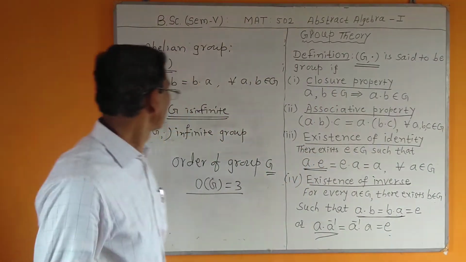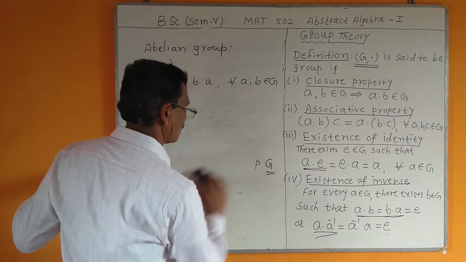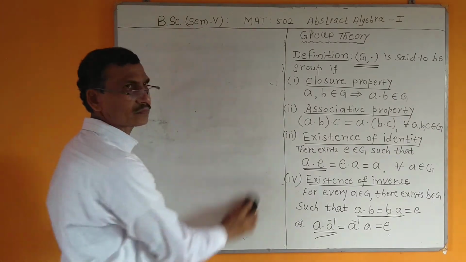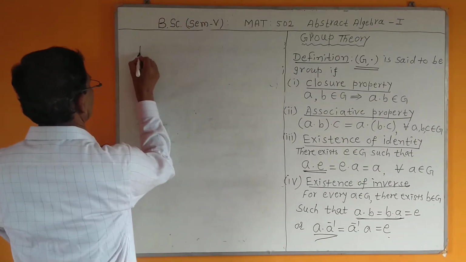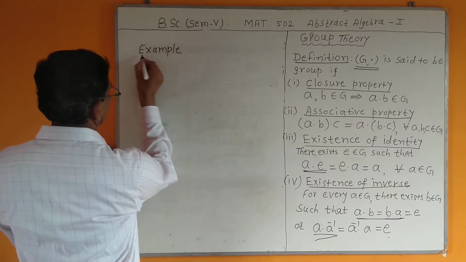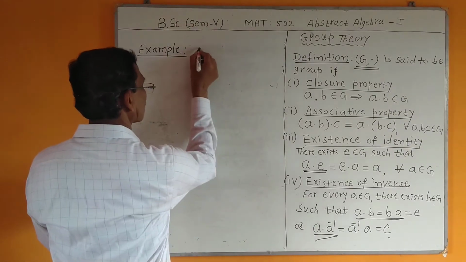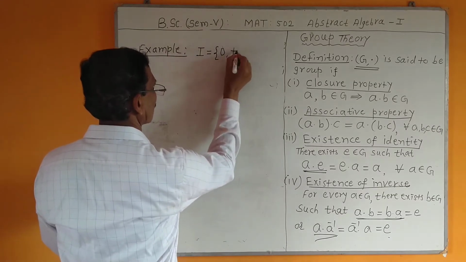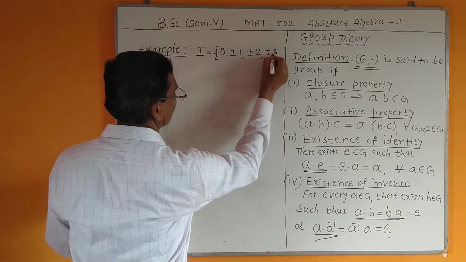Now we shall see examples of group. Example: consider the set of integers, Z, which is equal to 0, plus or minus 1, plus or minus 2, plus or minus 3 and so on.